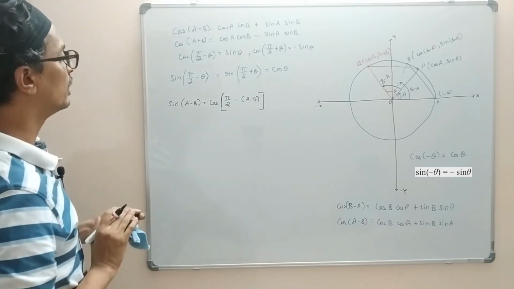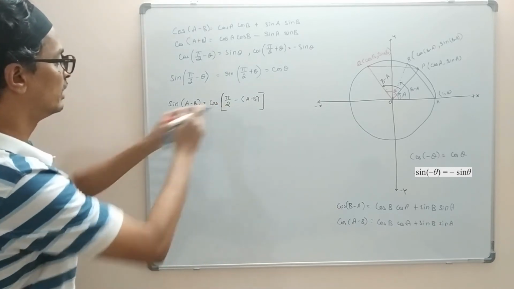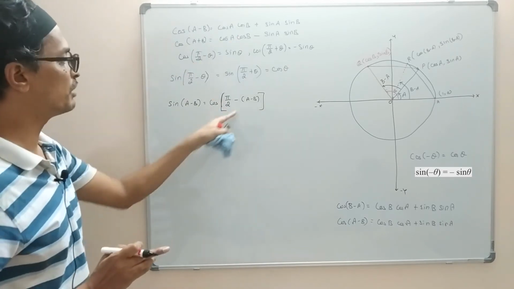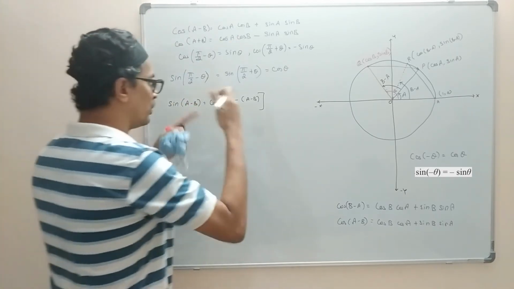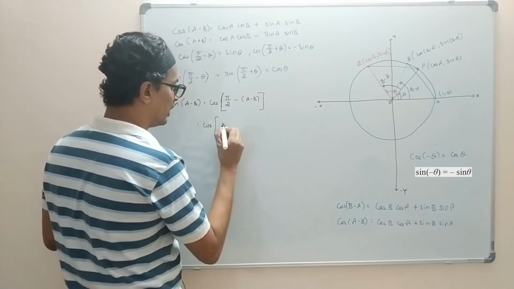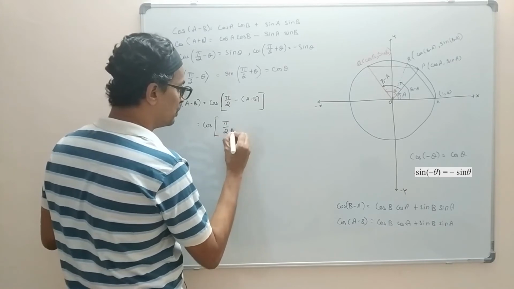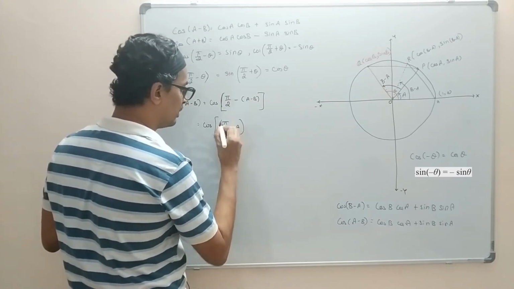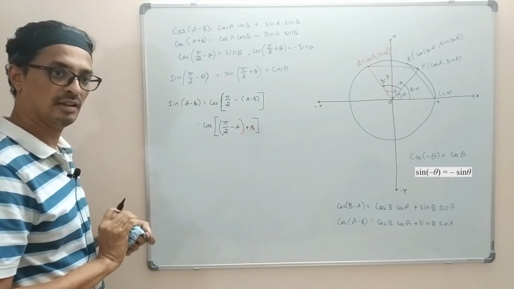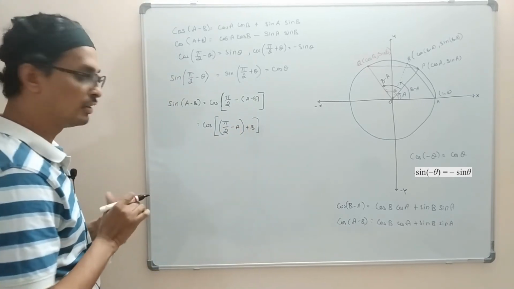Let me reshuffle it. So this is going to be cos((pi by 2 minus A) plus B). Correct? So let us open it.